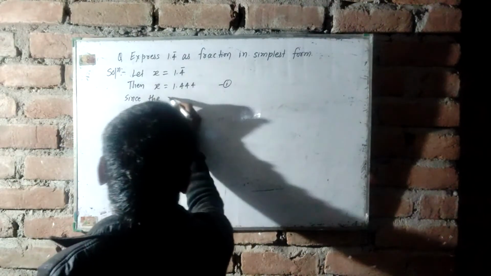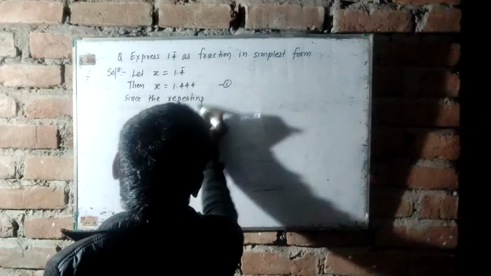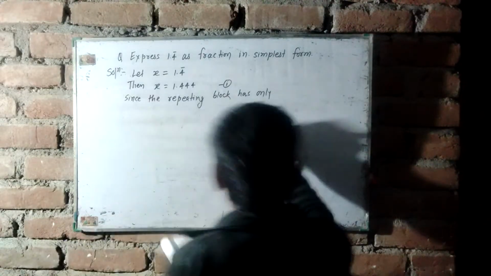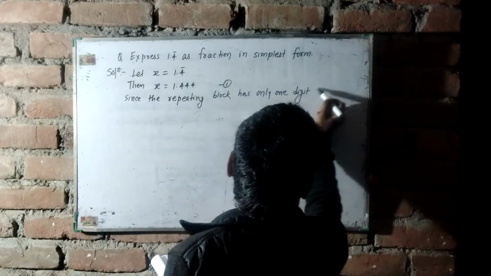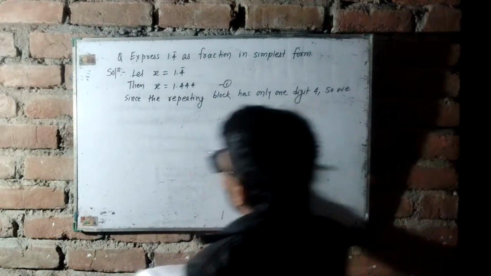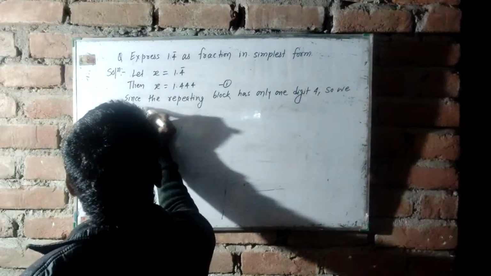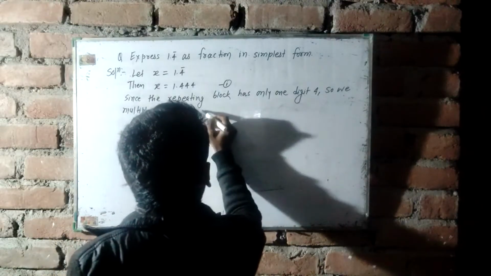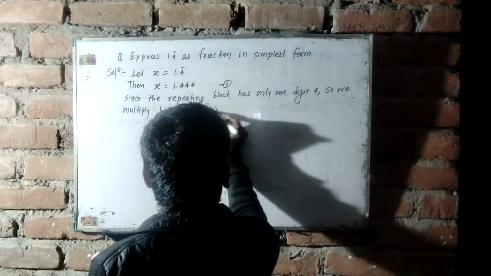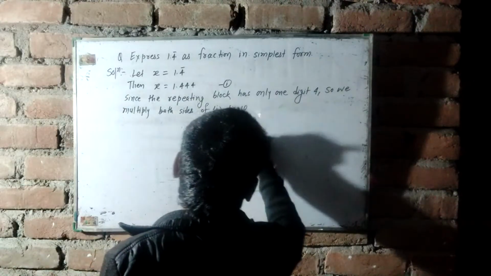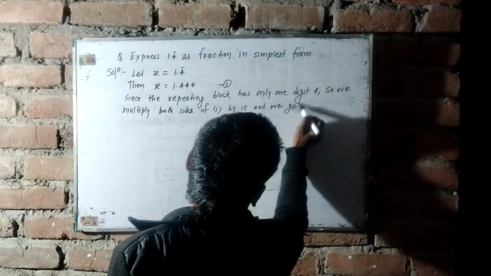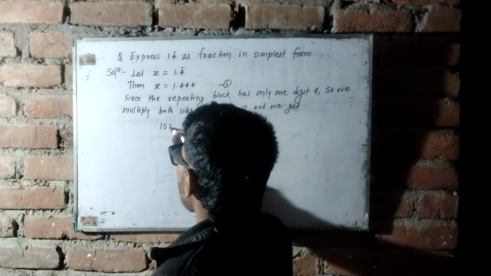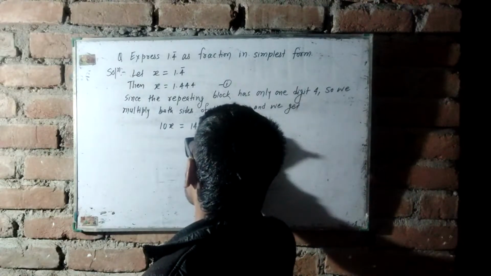Since the repeating block has only one digit 4, we multiply both sides of equation first by 10 and we get 10x is equal to 14.444.